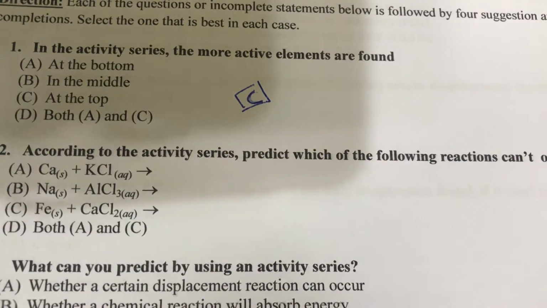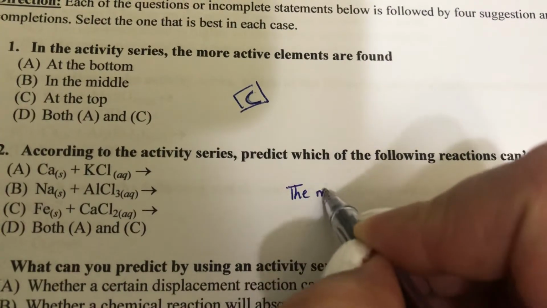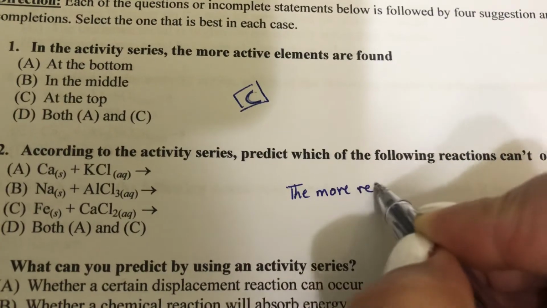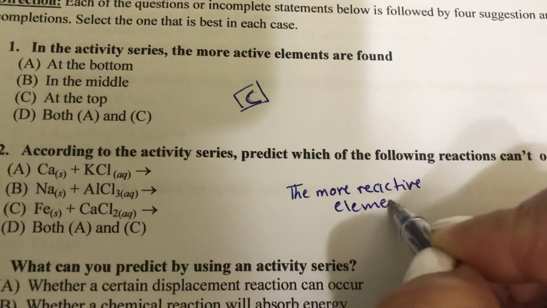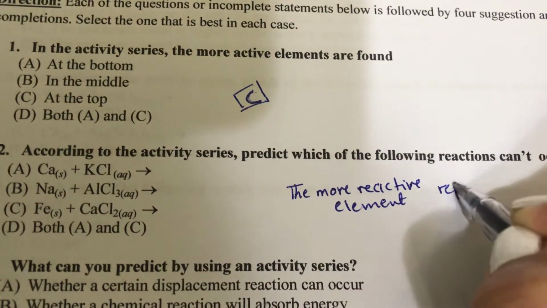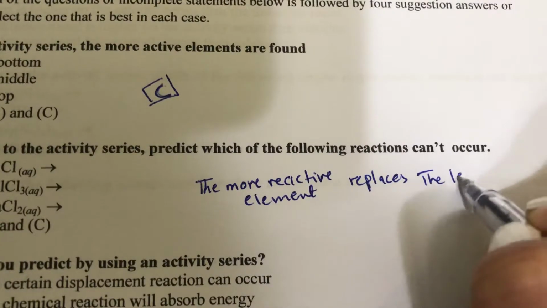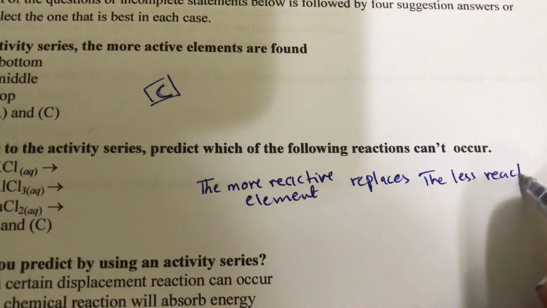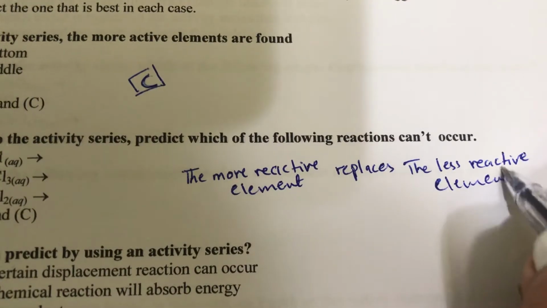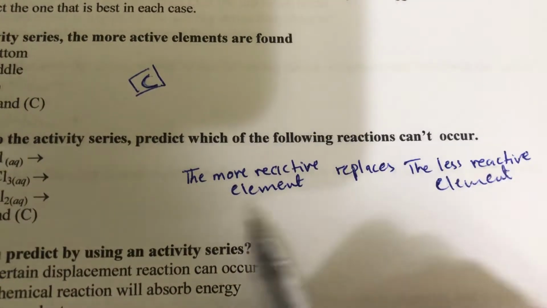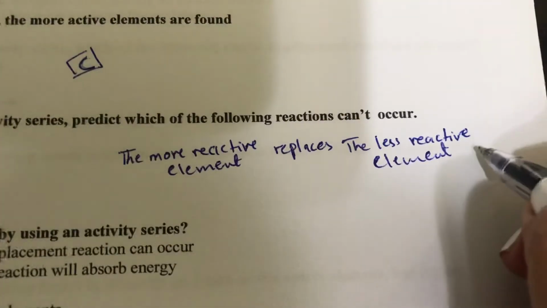The rule is the more reactive element replaces the less reactive element, not the reverse. So the more reactive element replaces the less reactive element in a compound.